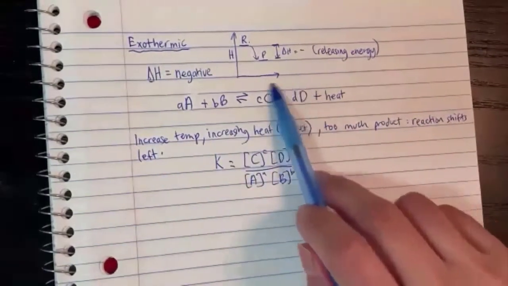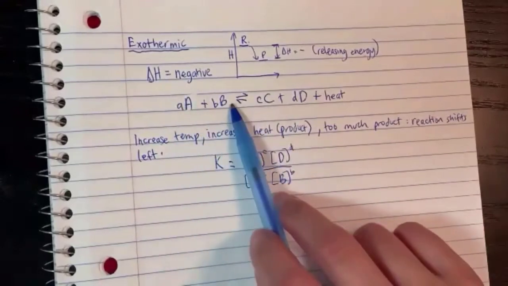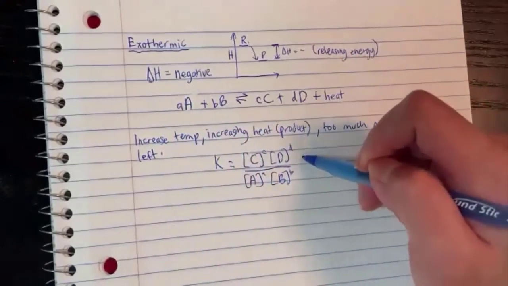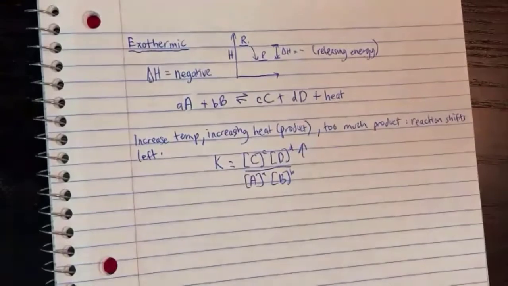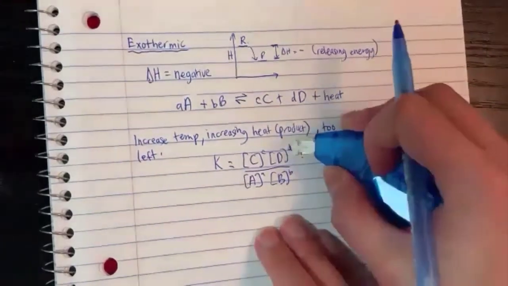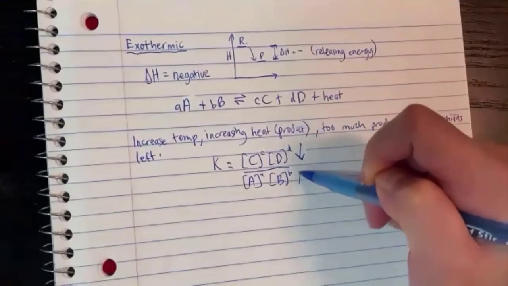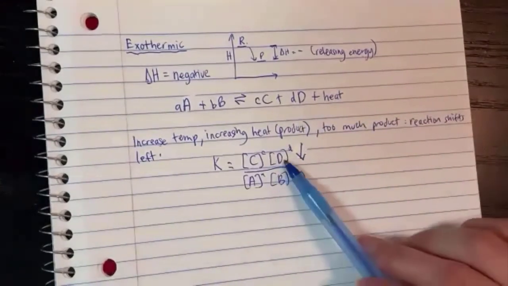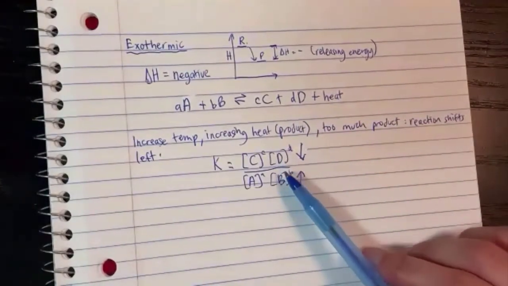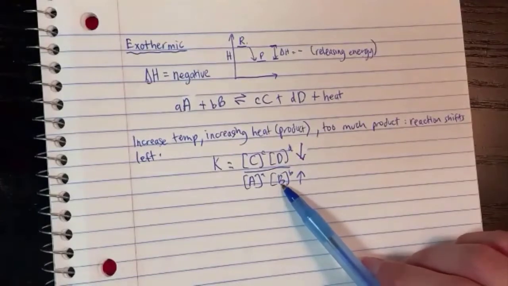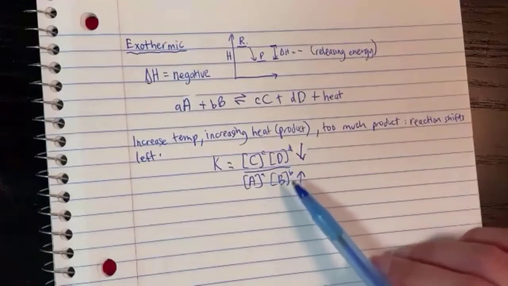That means we're going to reduce the products and make more reactants. The top number is becoming smaller, and the bottom number is becoming bigger.